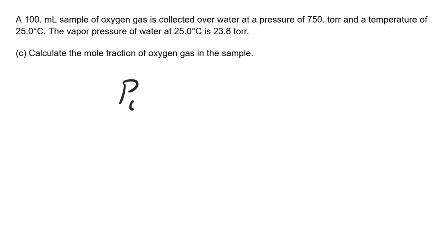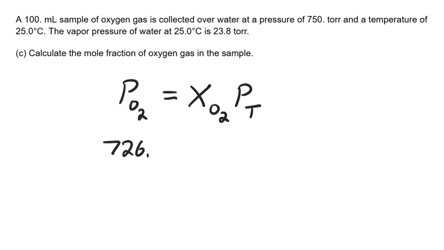The partial pressure of the oxygen gas is equal to the mole fraction of oxygen gas times the total pressure. And you can use this for any gas in a mixture. The partial pressure of that gas will be the mole fraction of that gas times the total pressure. So we already know two pieces of the puzzle here. We solved for the partial pressure of oxygen gas in part A. That was 726.2 torr.